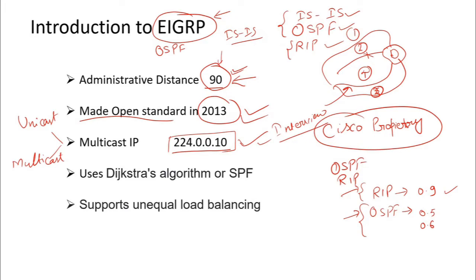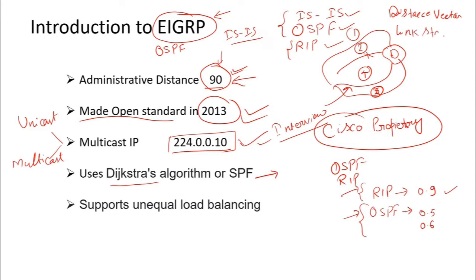So EIGRP uses the same Dijkstra's algorithm that is used by OSPF, also known as SPF, the shortest path first. It is a combination of distance vector as well as link state.